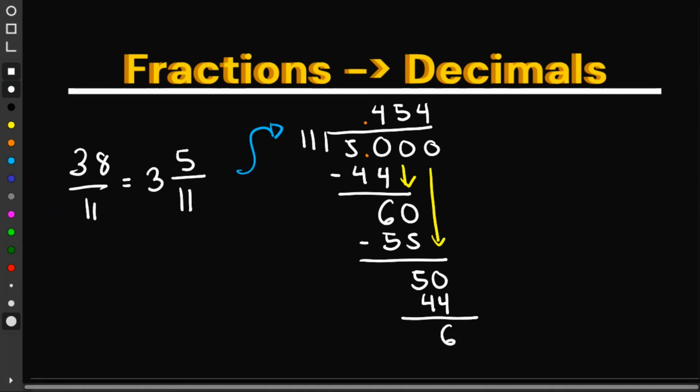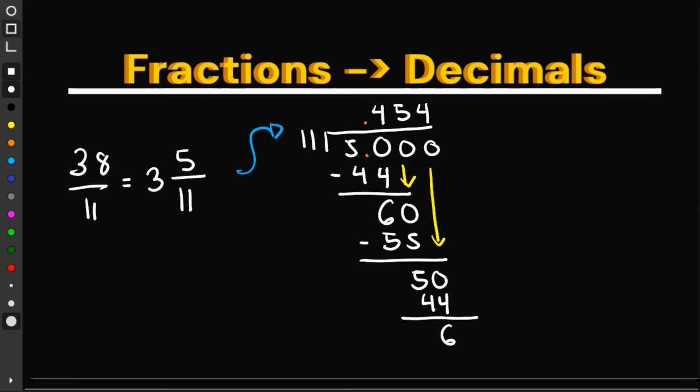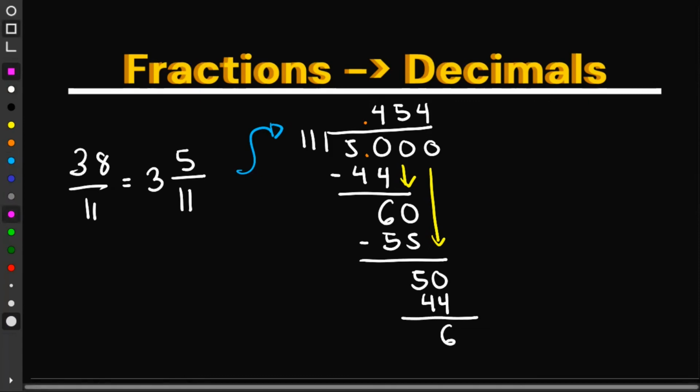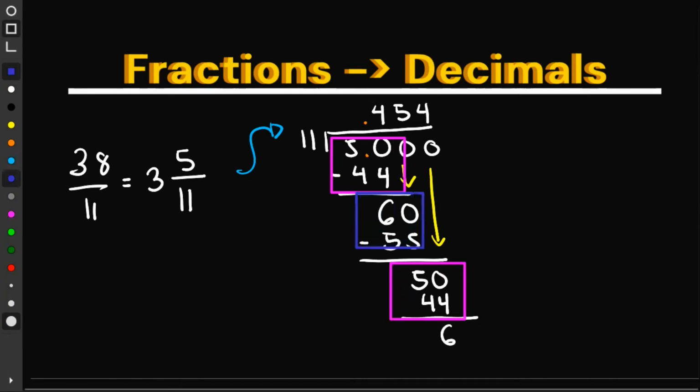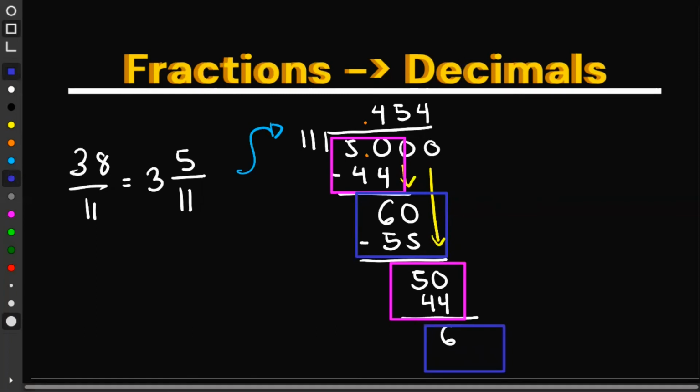So I can continue on the process, and as you can observe, it's actually a repeating decimal. So observe that this part out here is similar to this part out here. And this part out here is similar to the following part out here.